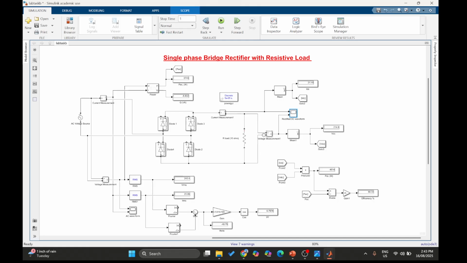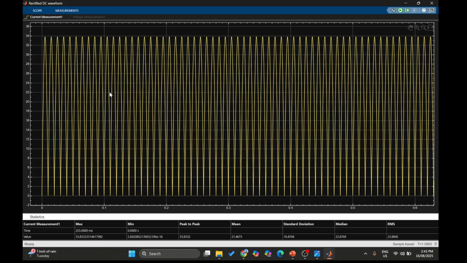With a purely resistive load, both the voltage and current are perfectly in phase, and even the efficiency is nearly ideal, with only small losses from the diode drops, right? It's not exactly 81. And we can see that the output waveform is not really a perfect DC waveform.